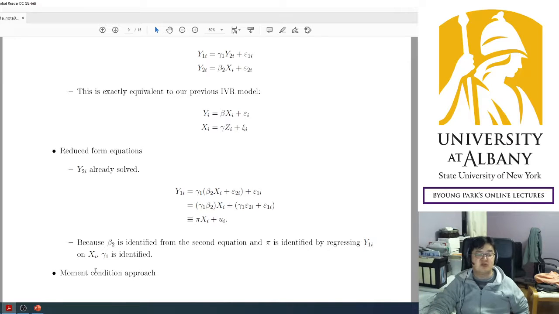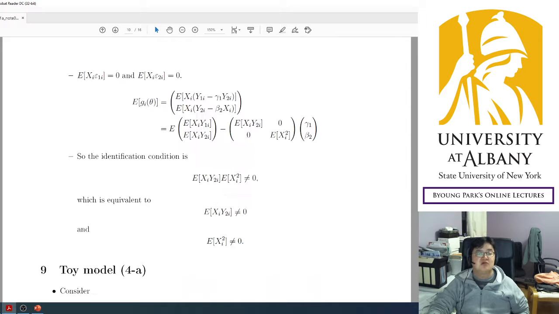You may use the moment condition approach. There are two moment conditions: X, the only exogenous variable, is uncorrelated with epsilon 1 and epsilon 2. And then you have this form. As long as this matrix is invertible, the parameter is identified. The invertibility assumption is this, which requires something times something is not zero, meaning both should be non-zero.